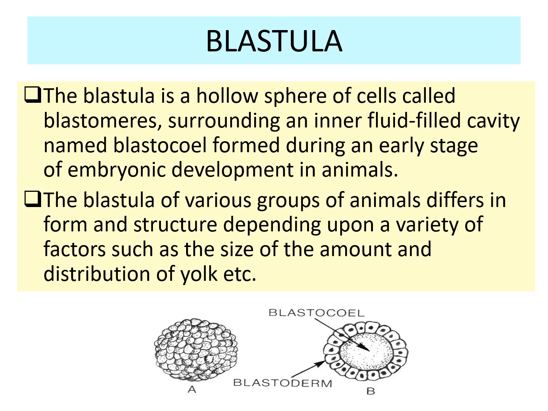Then the inner cells start rounding off and form a cavity inside, known as blastocoel, and this changes the morula to a blastula. So the blastula has an outer layer of cells known as blastoderm and a cavity known as blastocoel in the center.